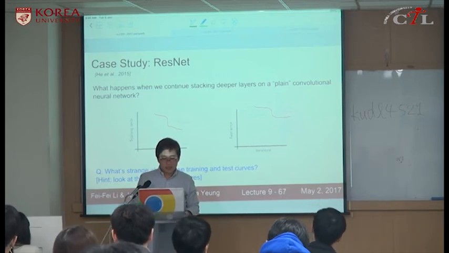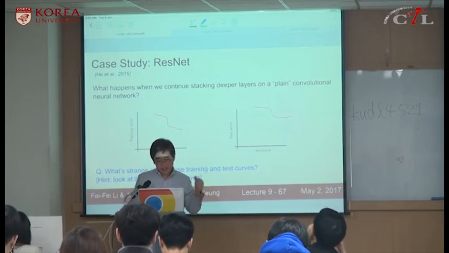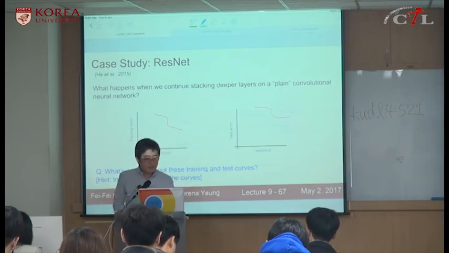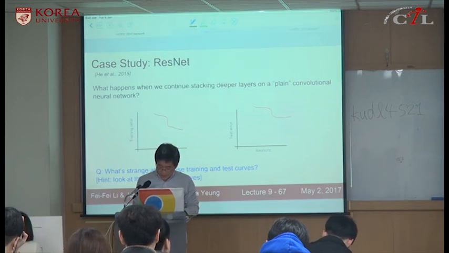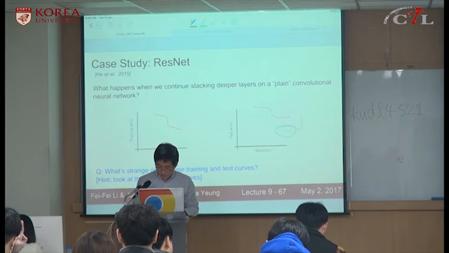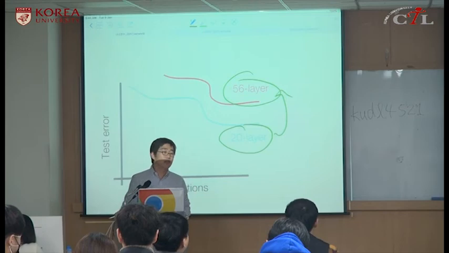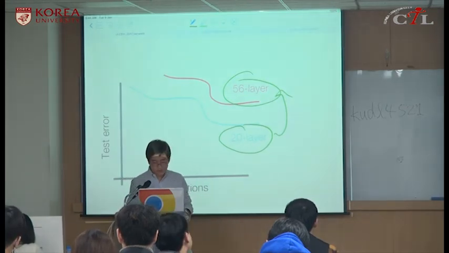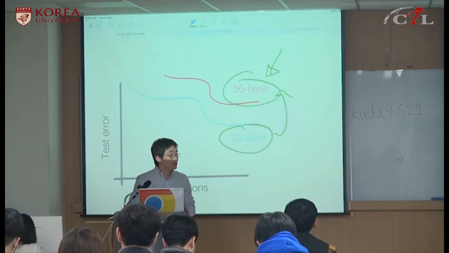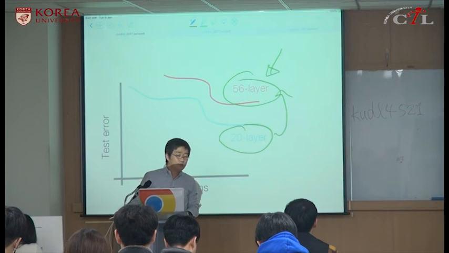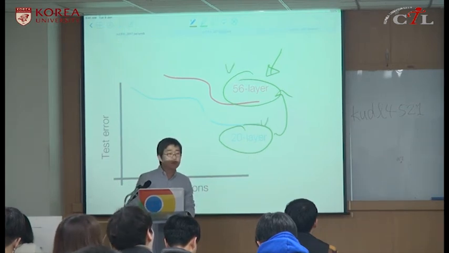So in this case, the main point of this figure is that we stacked more layers from 20 to 56, and for the test data, even if we used a much more complex model that has more layers, it may quite happen that it works worse than the lower layer model, right?